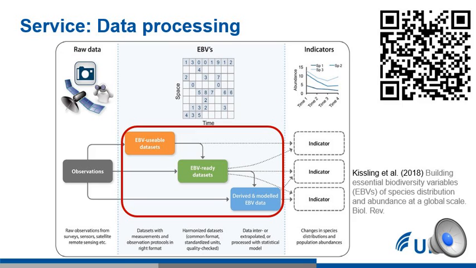So these are easily usable data sets. And then there are EBV-ready data sets which might need a little bit more work. Including also maybe some additional data which come from modeling to fill certain gaps.